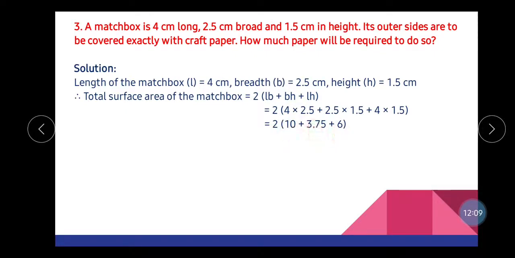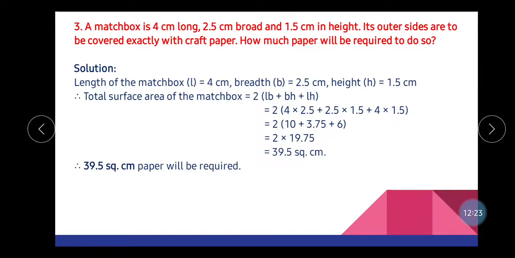Adding up this bracket, we get 2 into 19.75. When you multiply 19.75 by 2, we get 39.5 square centimeter. So we need 39.5 square centimeter paper for covering this matchbox.